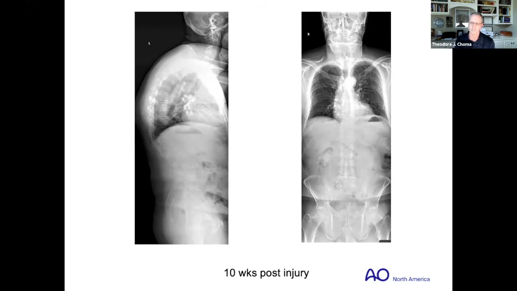Cement augmentation is one way to address that. Another way would be some sort of reconstruction of the anterior column. But that comes at some risk that whatever you put there could start to subside.